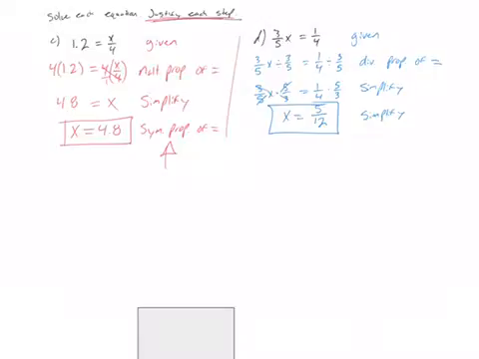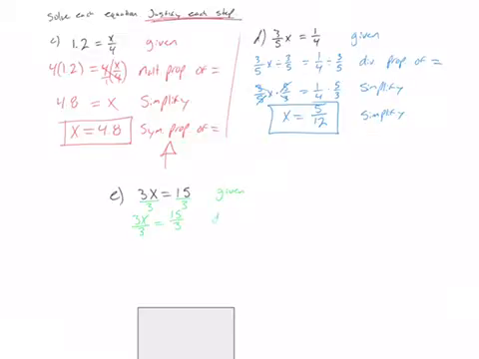Now, not all division properties of equality are that kind of crazy here. Let me do one more real quick. 3x is equal to 15. So I'm going to say this is given. Okay, so now I'm going to say 3x divided by 3 is equal to 15 divided by 3.